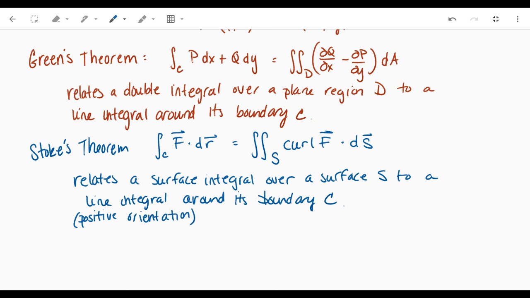I'm going to go back to section 13.7 that we just did.